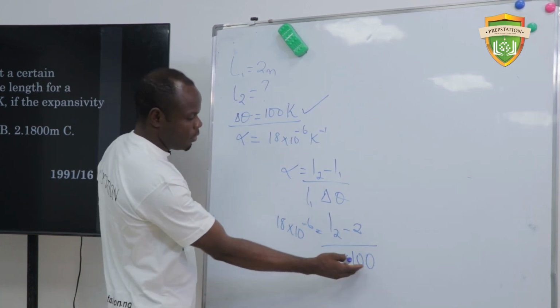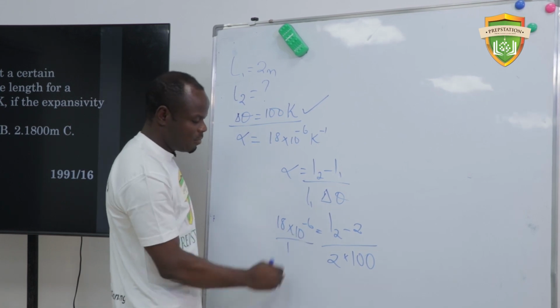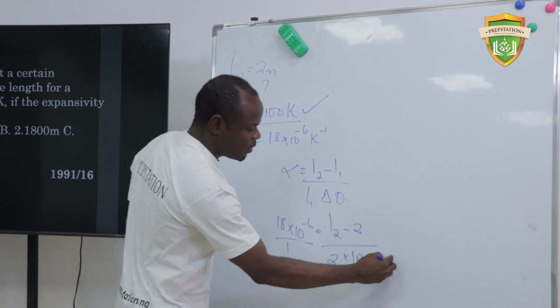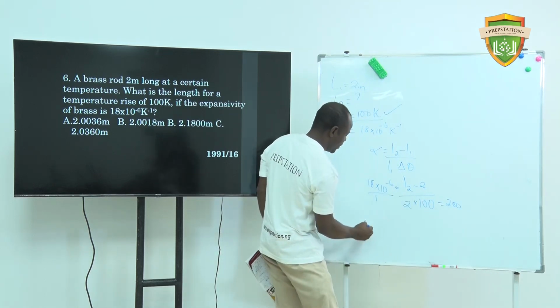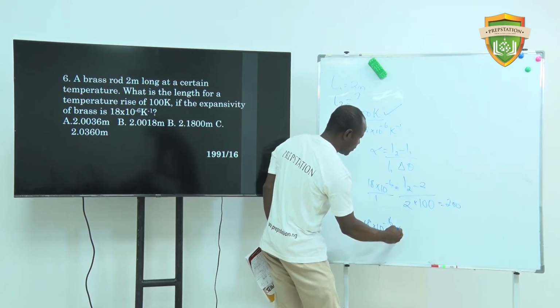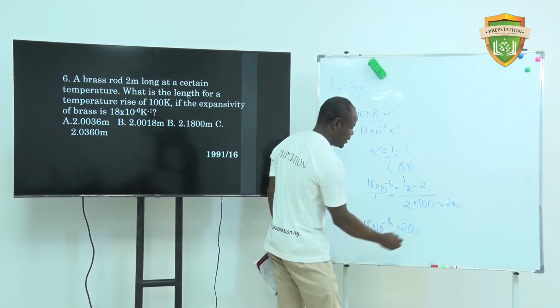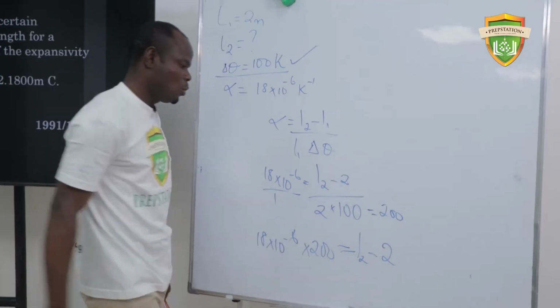So we cross multiply here. Let's make this over 1. 2 times 100 is definitely 200. Cross multiplying, I have 18 times 10 raised to the power of -6 multiplied by 200 equal to L2 minus 2.